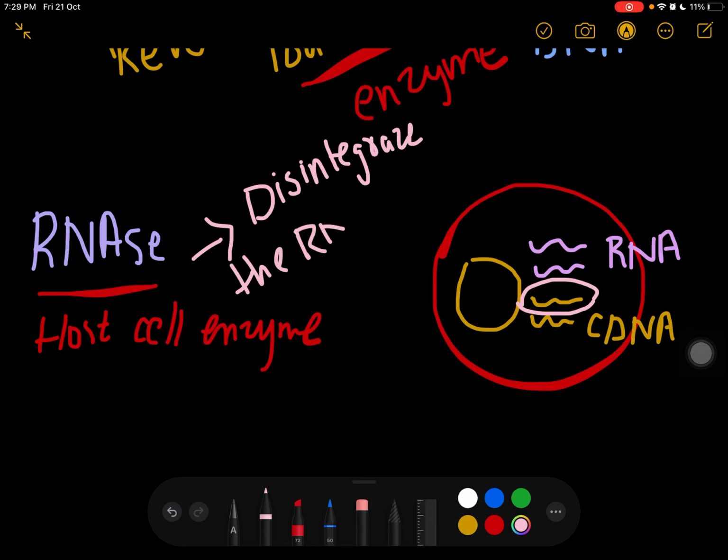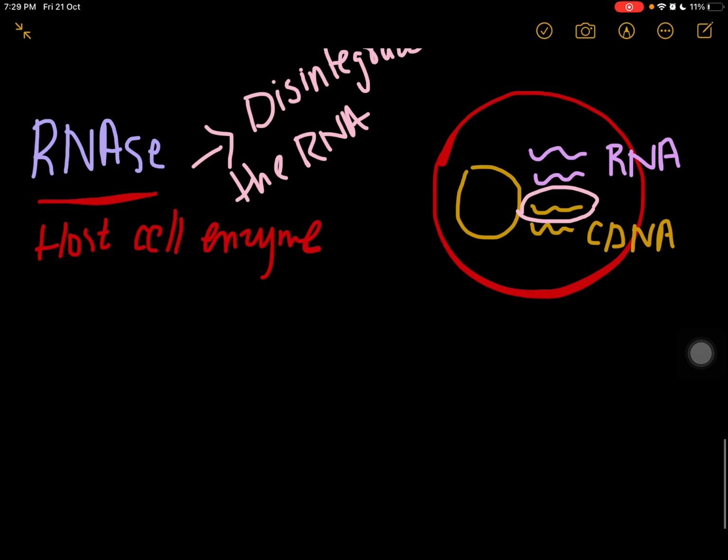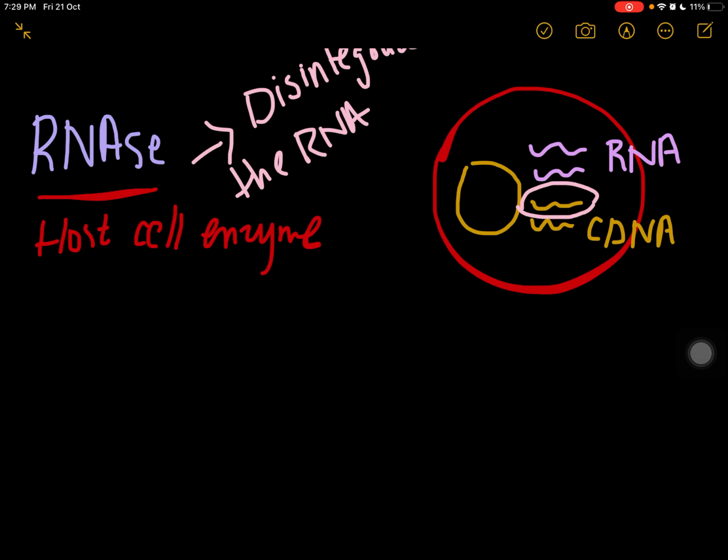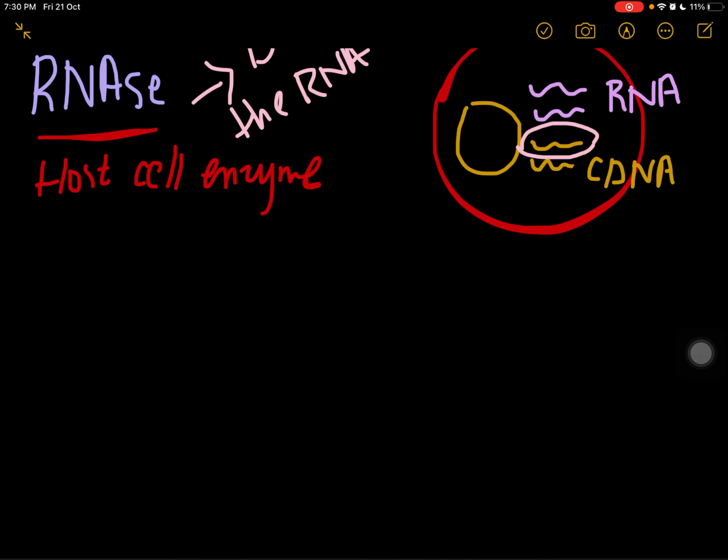It will disintegrate the RNA. As I told you before, we were having over here RNA. Now that has been converted into cDNA, but still one strand is left, and that will be disintegrated by the RNAse. Now what will happen?